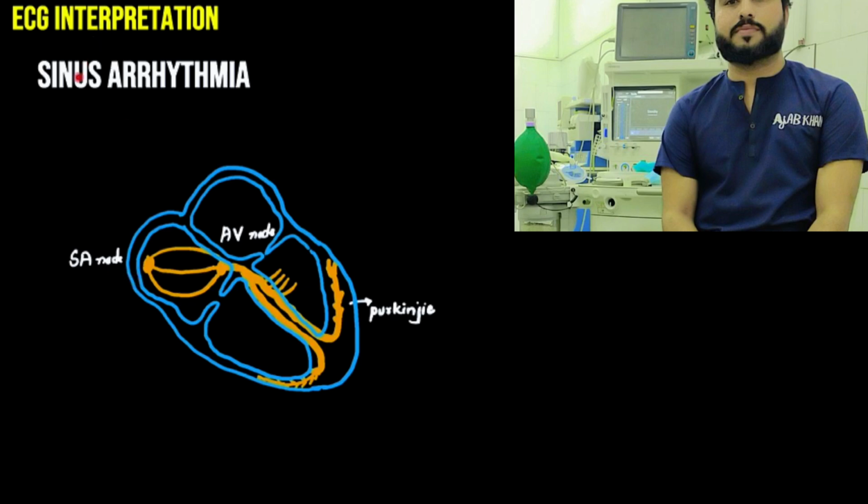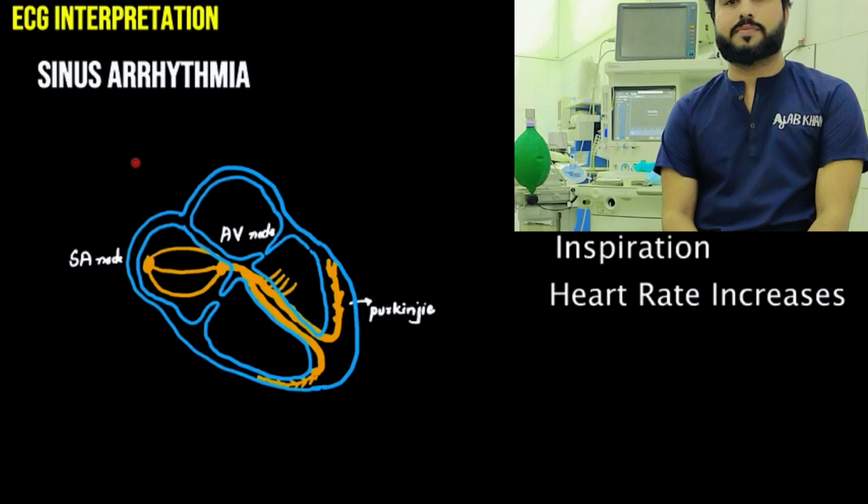Now, what sinus arrhythmia means is that the rhythm run by sinus node is not regular. In some cases, it is physiological, like respiratory sinus arrhythmia. In respiratory sinus arrhythmia, when we inspire, when we inhale the air, the heart rate increases.